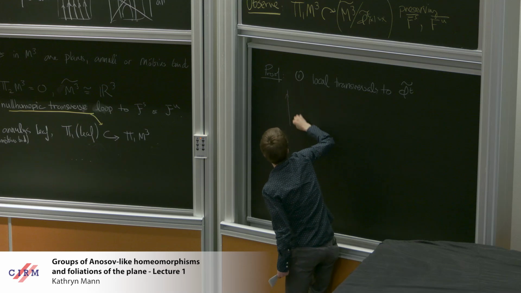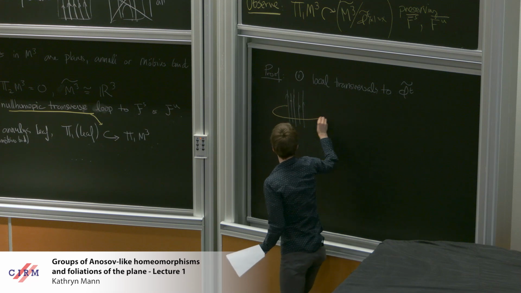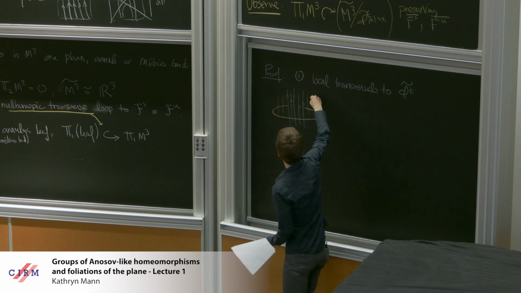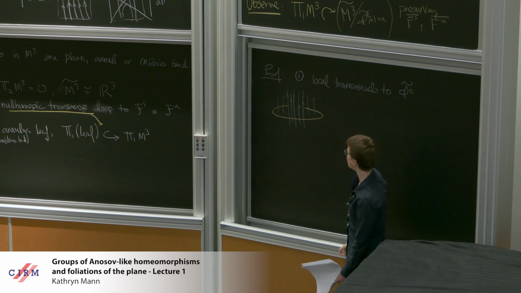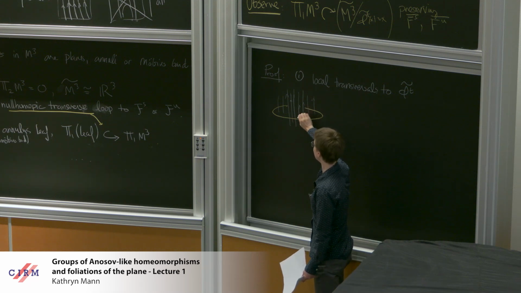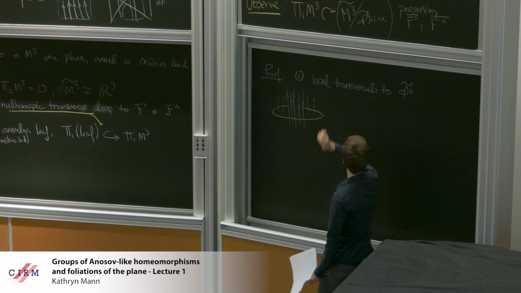So I have my flow. Maybe it's going up in this picture, in whatever coordinates I chose. I take a disk that's transverse to this. If each orbit passing through this disk is really a distinct orbit, then this is injectively immersed into my orbit space. This was nicely done, and that will give me a local chart.